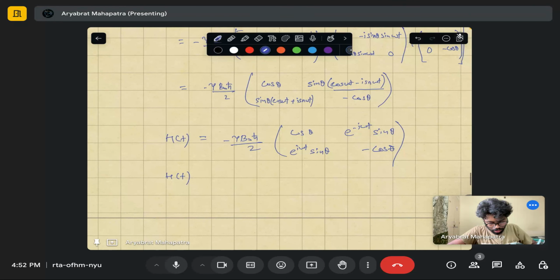I can break down this Hamiltonian into something like E1, 0, 0, E1.